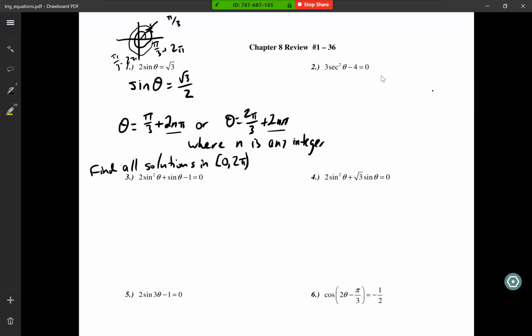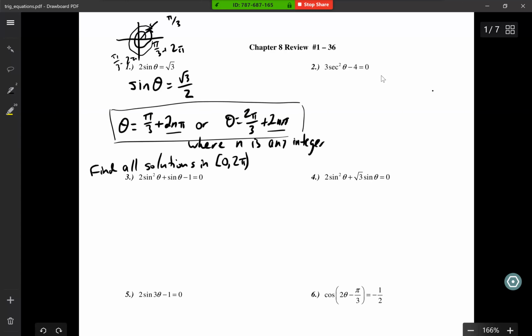So if I add 2 pi, n would be 1. If I subtracted 2 pi, n would be negative 1. I could do that for either the pi over 3 or the 2 pi over 3. So this would be your final answer in that particular case.